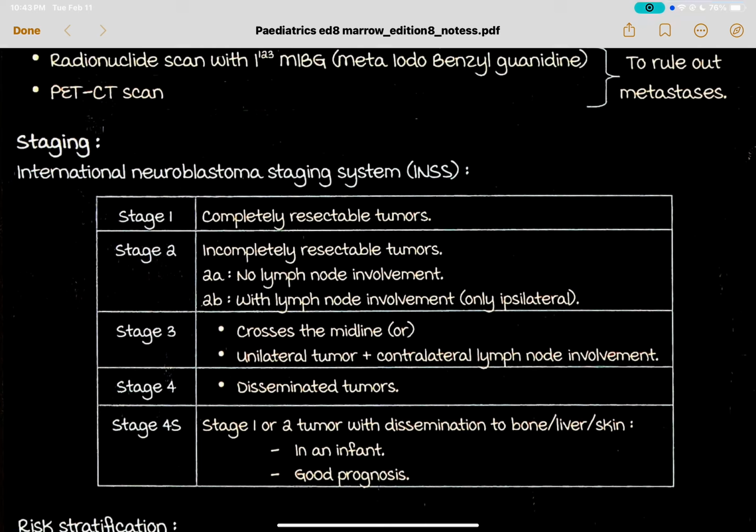Stage 1: completely resectable tumors. Stage 2: incompletely resectable tumors, with 2A having no lymph node involvement and 2B having only ipsilateral lymph node involvement.